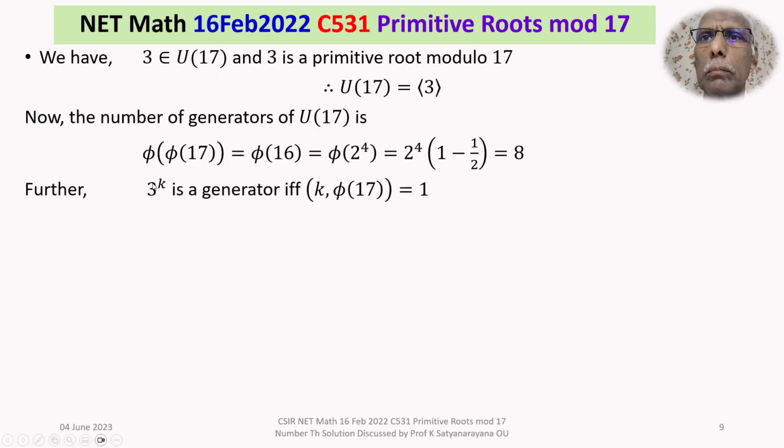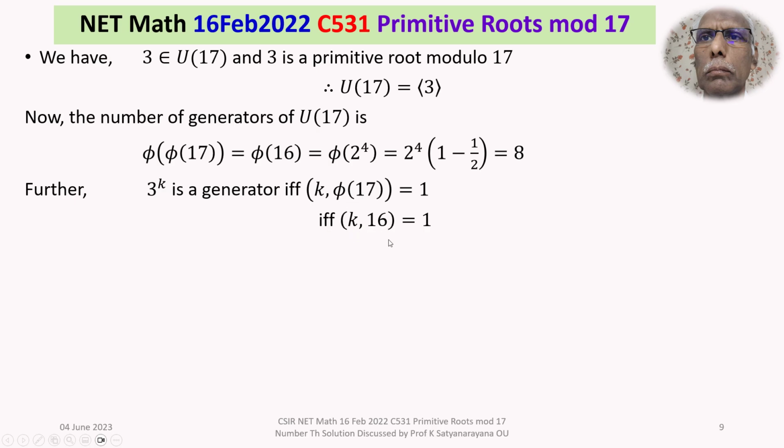And we know 3 power k is a generator if and only if gcd of k and phi of 17 is equal to 1, if and only if gcd of k and 16 is 1. So now find all those k's which are relatively prime to 16.